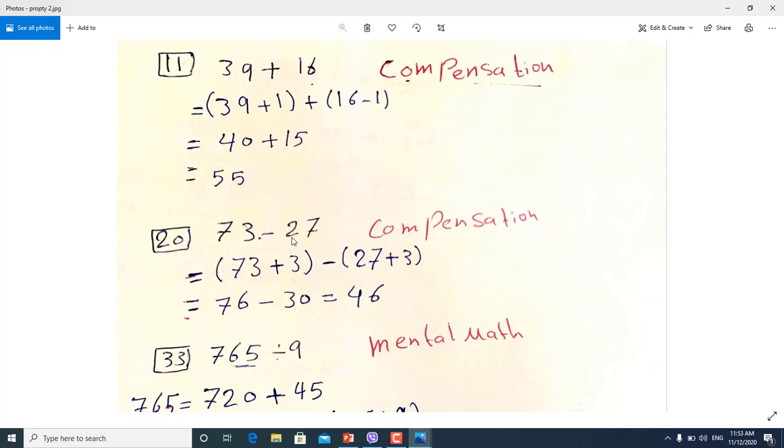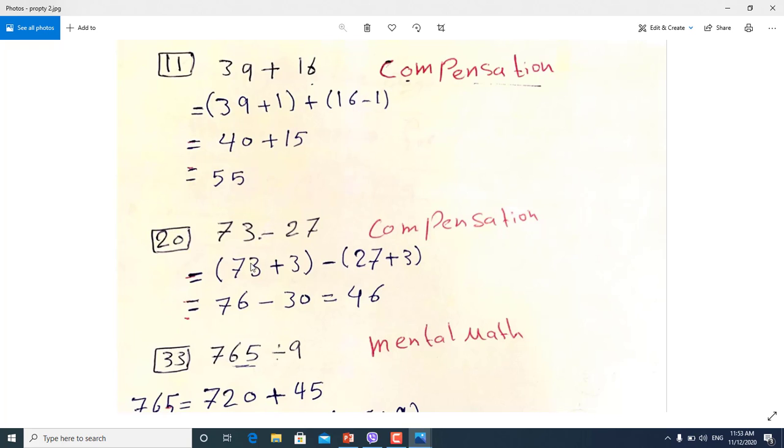So when you need to make 27 into 30, you must add 3. When you add 3 to this 27, you must also add the same number to the other number, because the sign is minus. So any number we choose, we will add to each number.